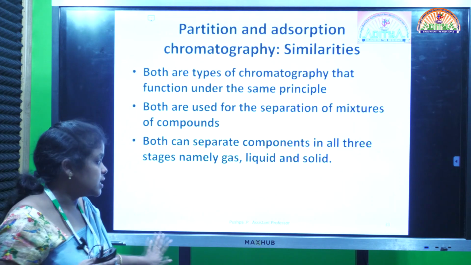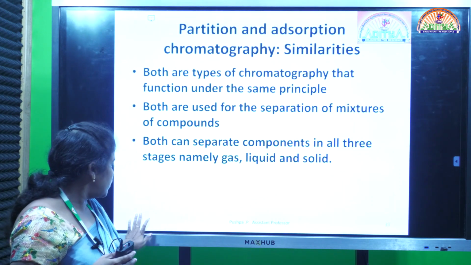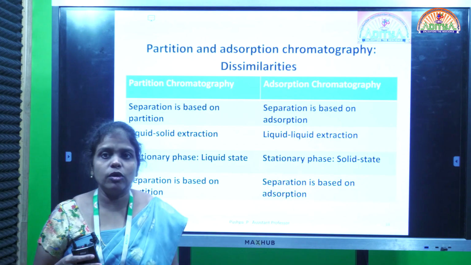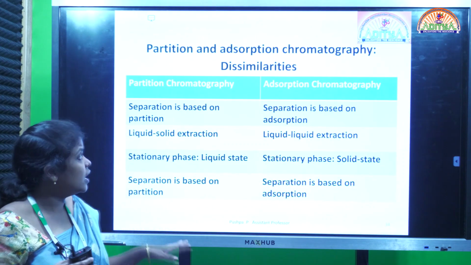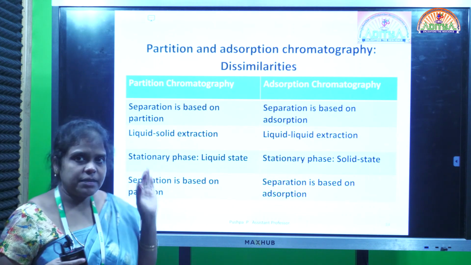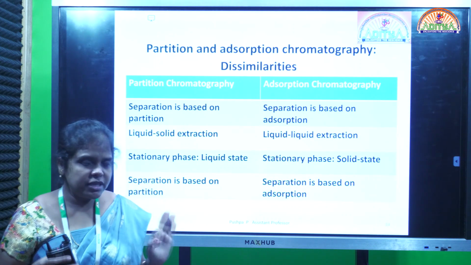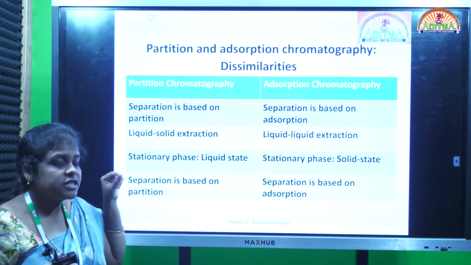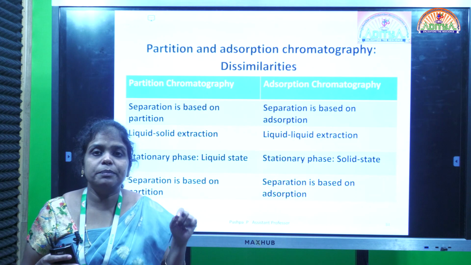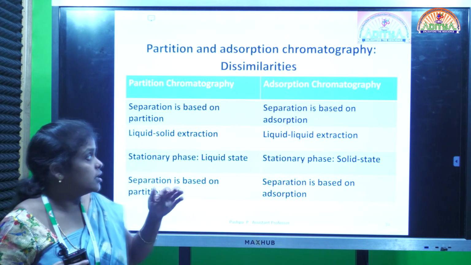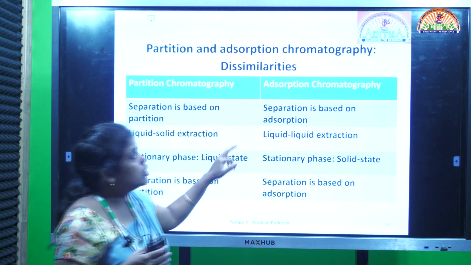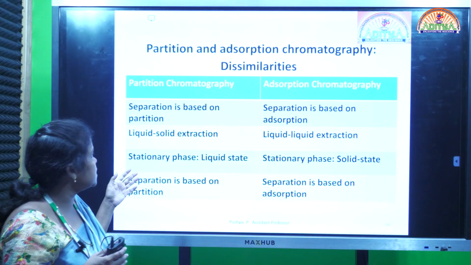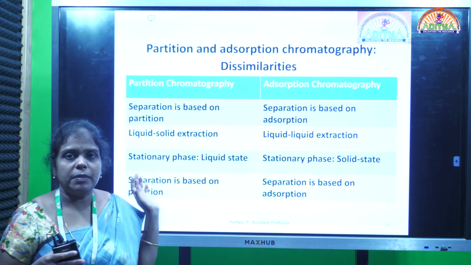These are the similarities. Coming to the differences between column adsorption chromatography and column partition chromatography: both are used for separation of components only, but column partition chromatography works based on the principle of partition, whereas column adsorption chromatography is based on the principle of adsorption.